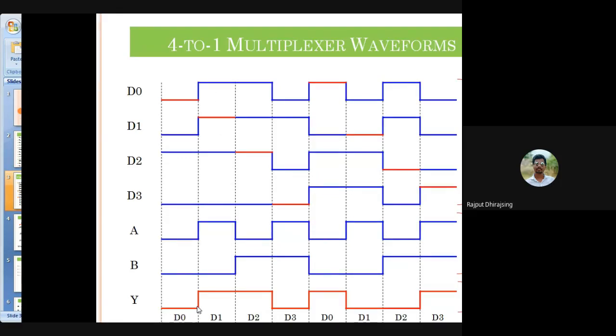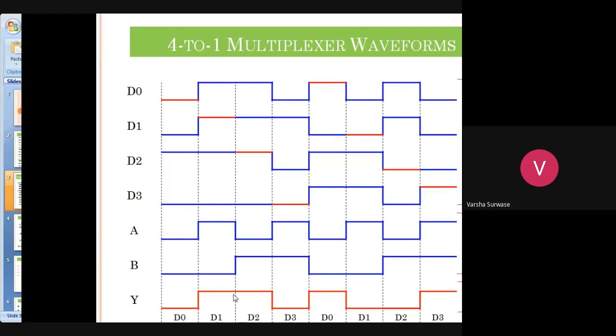Now see for D1. For D1 select lines are 1 0. 1 0 means D1. So what is the input data for D1? It is 1. So at the output you will get 1. Now for the next select lines, that is 0 1, D2 will be selected and D2 shows the input 1.